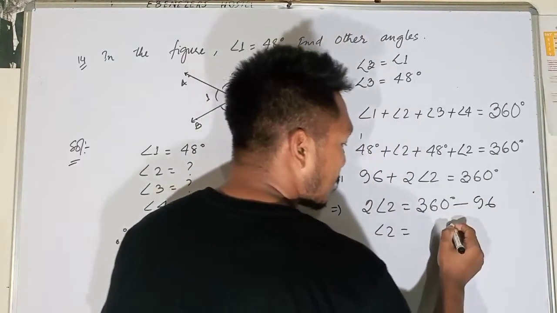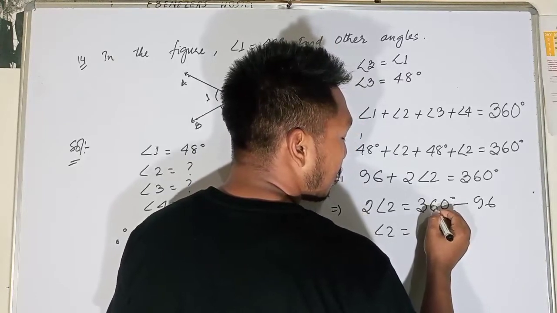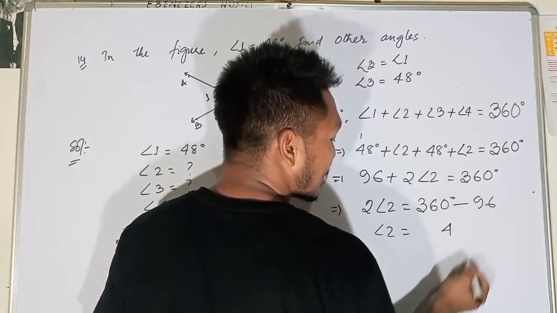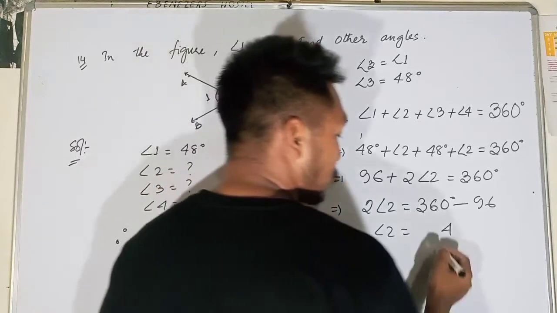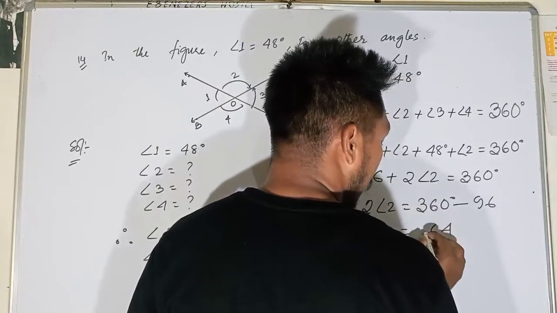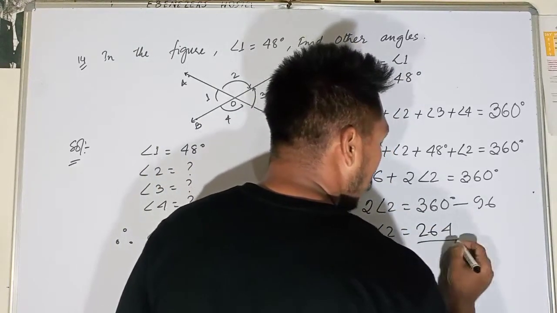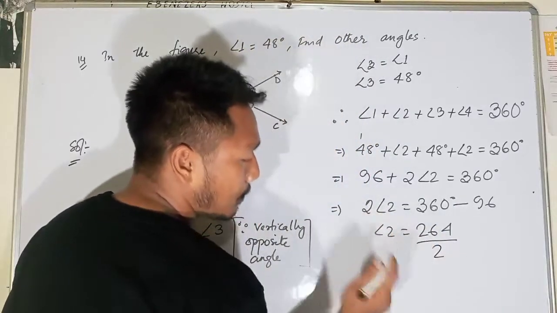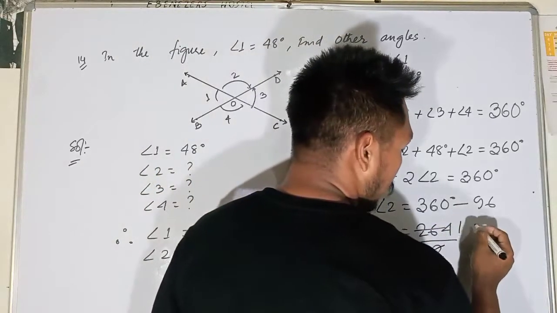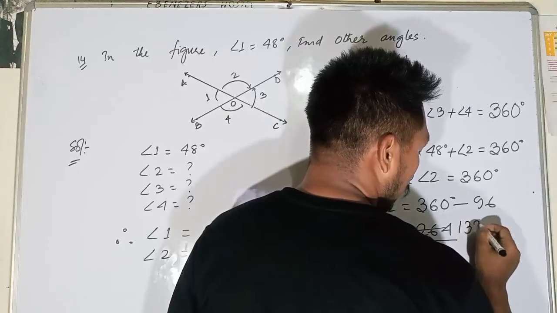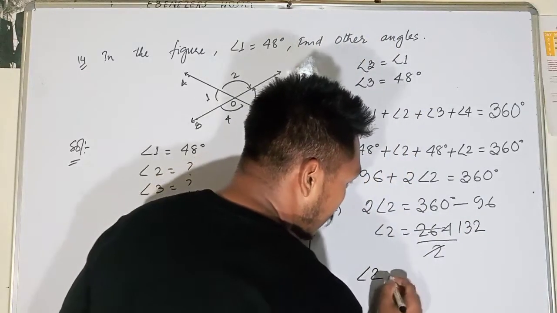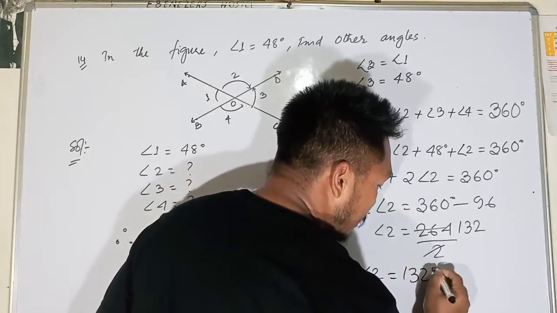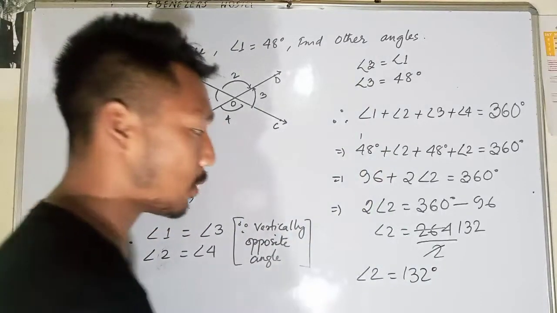Subtracting these two, 360 minus 96 becomes 264. Now divide by 2, because this 2 goes to the other side as division. So 2 ones are 2, 2 threes are 6, 2 twos are 4. So angle 2 is equal to 132 degrees.